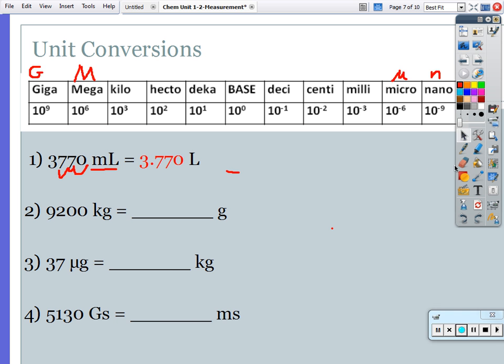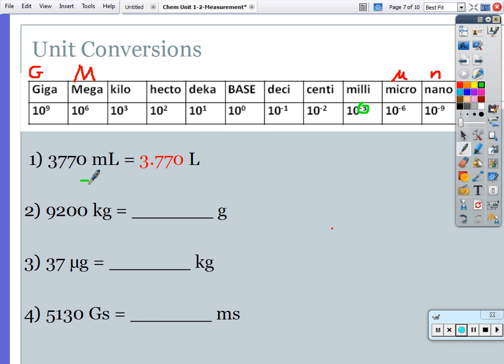But another way of doing it is looking at the power of tens and just doing a simple math problem. So instead of jumping, what I'm going to do now is look at the prefixes. So M is milli. I'm just going to look at the exponent part, the minus 3. Milli means 10 to the minus 3.